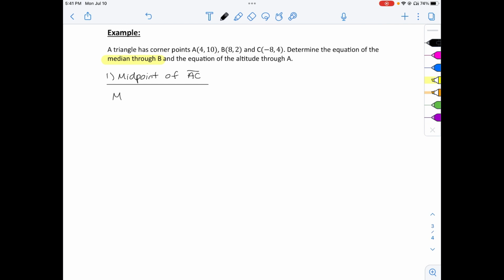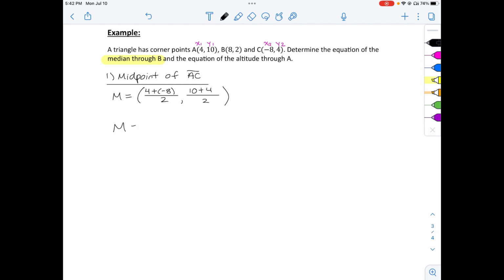So I'm going to use my midpoint formula. If you want, you can write these values down here. This would be x1, y1, this would be x2, y2, and then I'm using my midpoint formula. So I'm going to do 4 plus -8 over 2, and 10 plus 4 divided by 2.